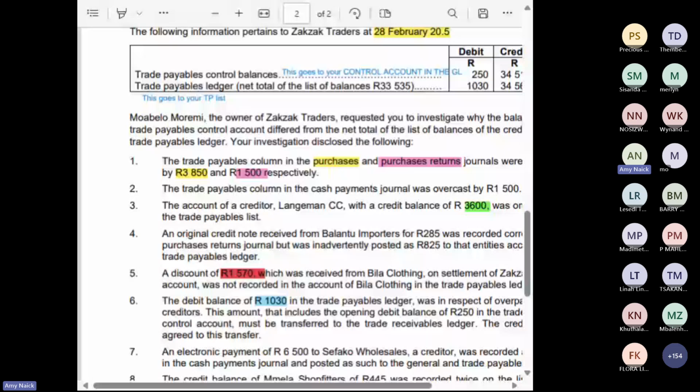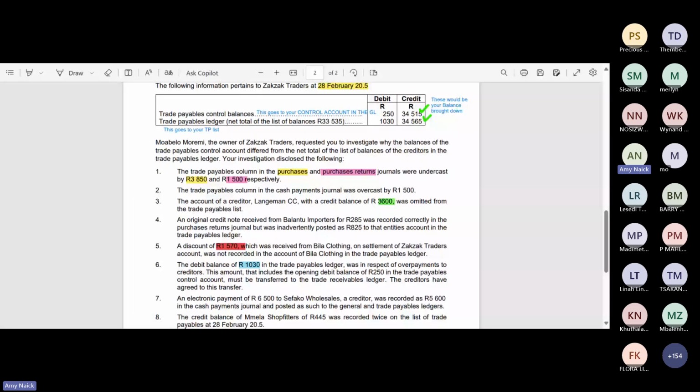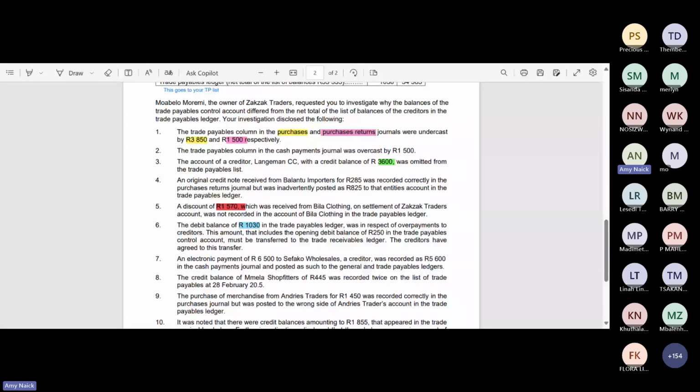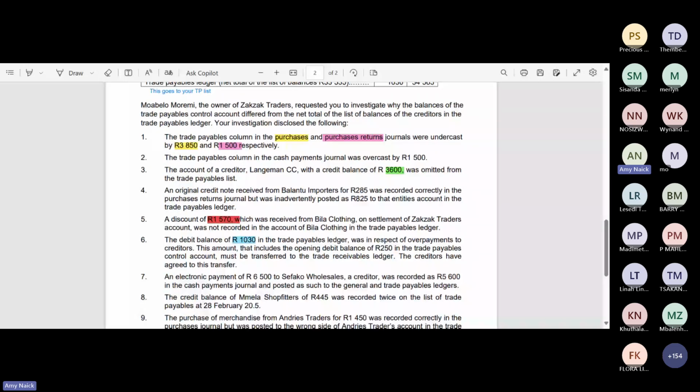Okay, so it says the trade payables column in the cash payments journal was overcast by 1,500. Effectively, what that is saying is that the payment that normally reduces the trade payables account, the actual payment, had 1,500 Rand more sitting in that payments account. So it means we've effectively overpaid.